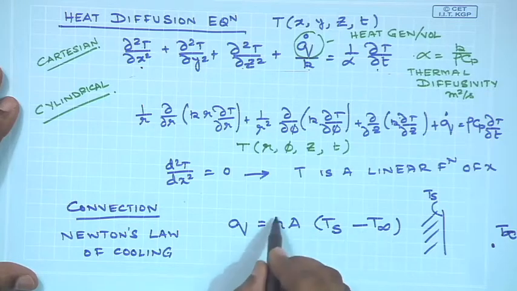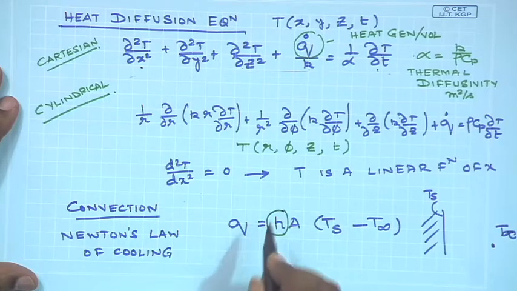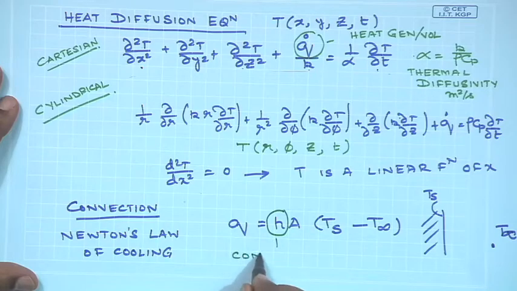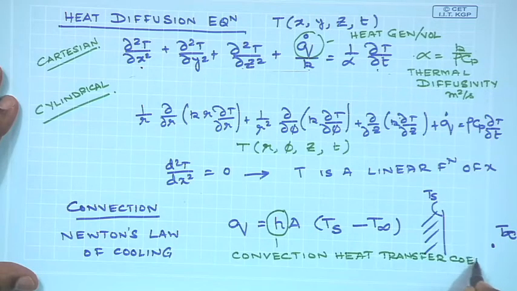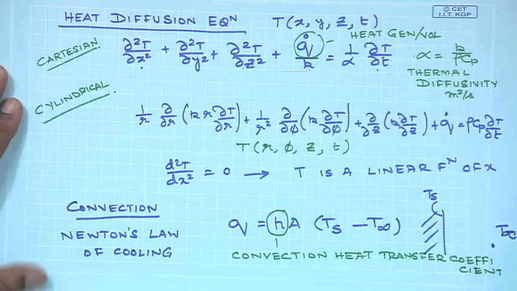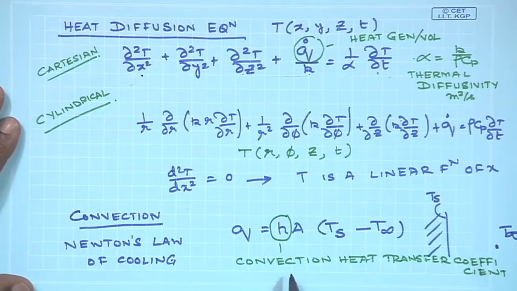This h is known as the convection heat transfer coefficient, and most of the study of convection is to find the expression for this convective heat transfer coefficient.